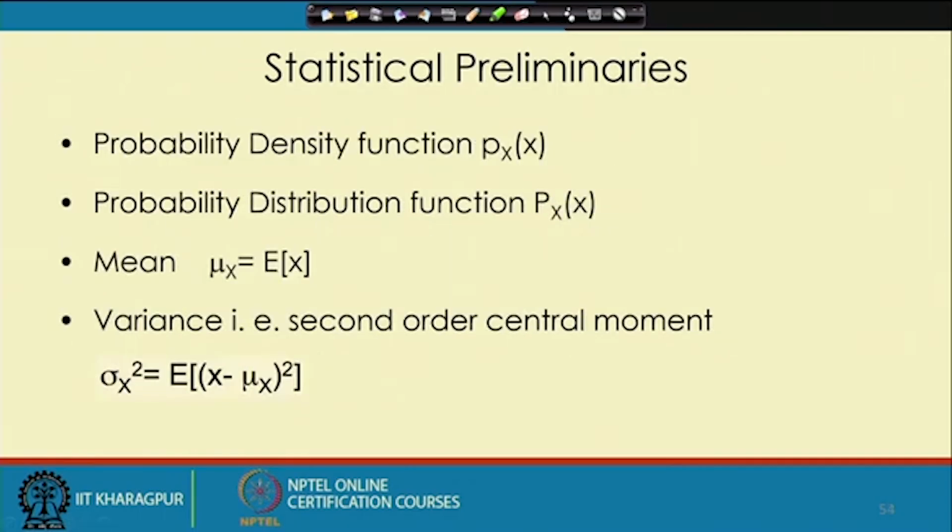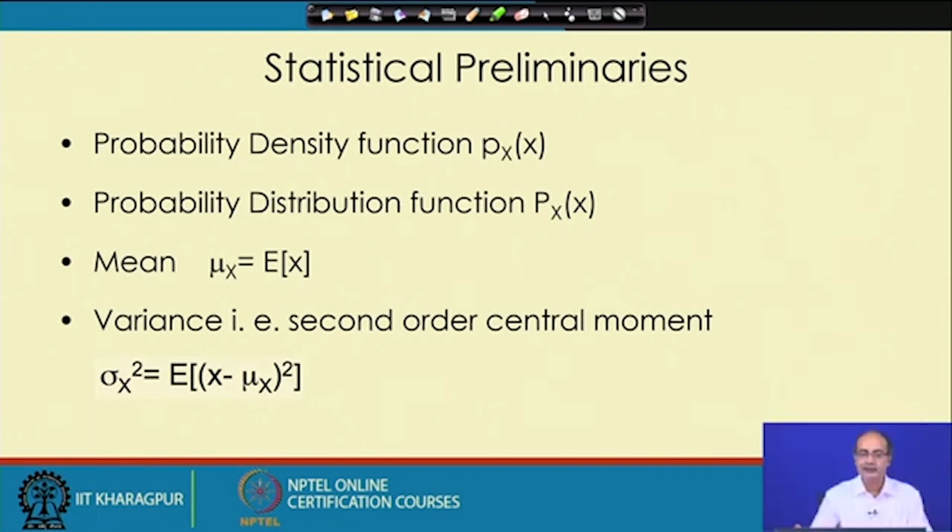Now, let us look at that in more detail. First we look at the probability density function. If we have a continuous variable or continuous signal, then we can get the probability density of that variable.